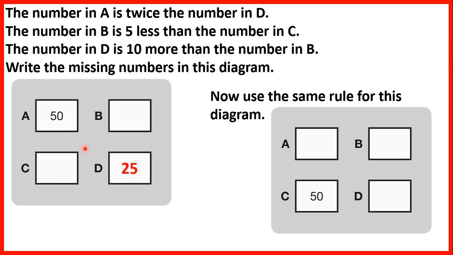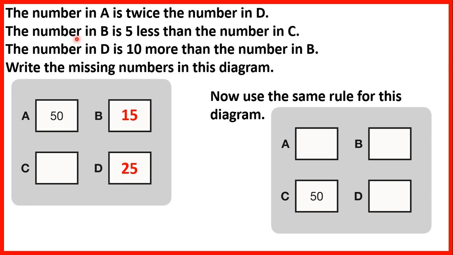2 times 25 is 50, and that means the number in A is twice the number in D. Now let's look for a sentence which mentions D. That's this third sentence, and we're told the number in D is 10 more than the number in B. So if we subtract 10 from 25, we know that the number in B must be 15, because 25 is 10 more than 15.